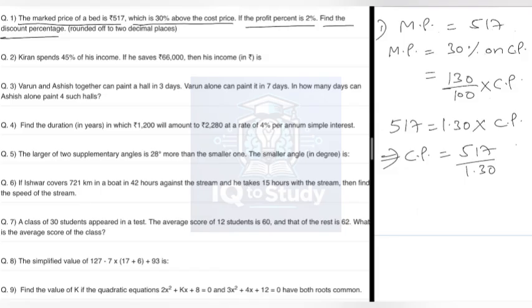And in the question they have given the profit percent is 2% on cost price, which means profit is equal to 2% on CP, which becomes selling price is equal to cost price into 102 by 100.